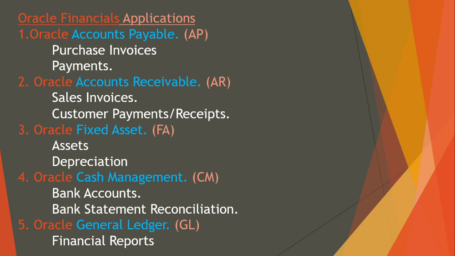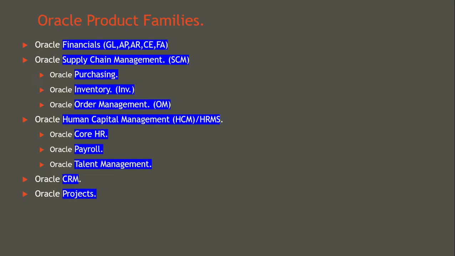Oracle Cash Management, CM. Oracle General Ledger, we call it GL. So under Oracle product families, we have Oracle Financials, which is GL, AP, AR, CE as well as cash management, and we have FA, which is fixed assets.